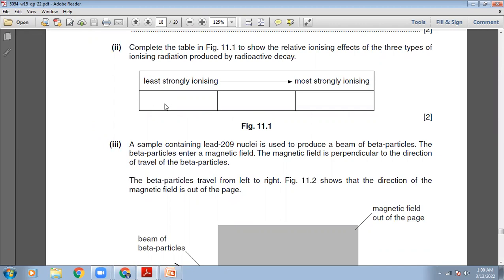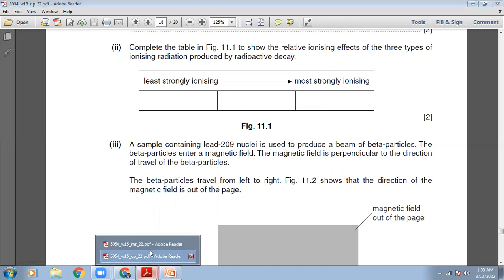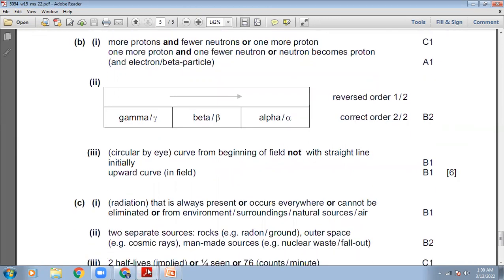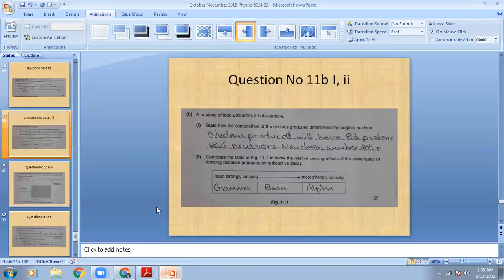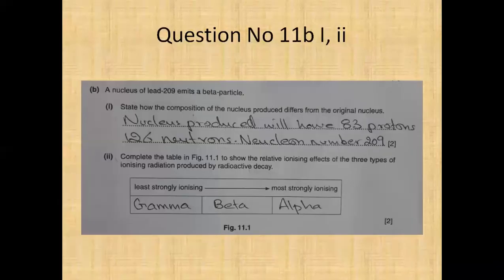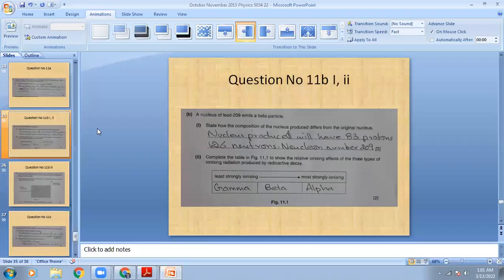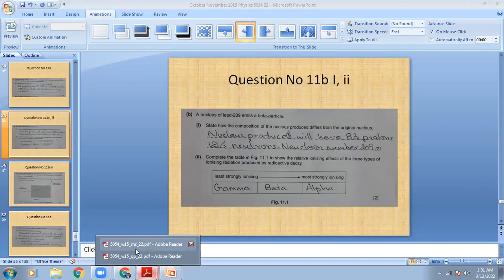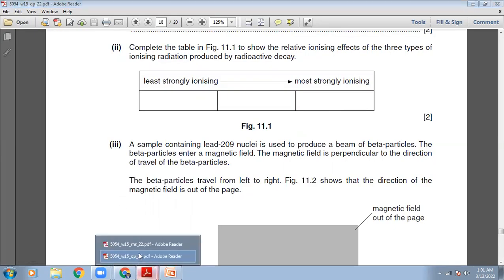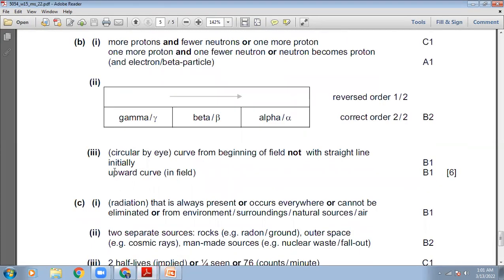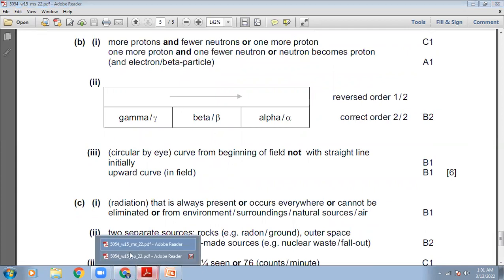The least strongly ionizing is the gamma rays, then we have the beta, and the most strongly ionizing are the alpha particles. So gamma, beta, and alpha. So our answers are right. You can look at the marking scheme.